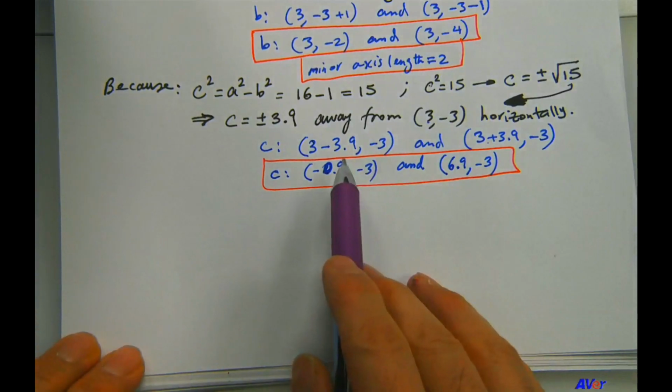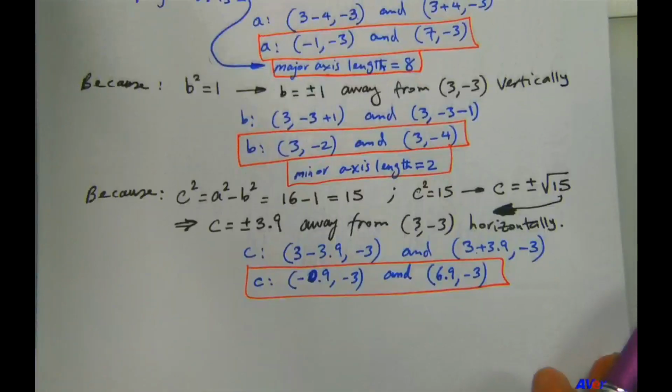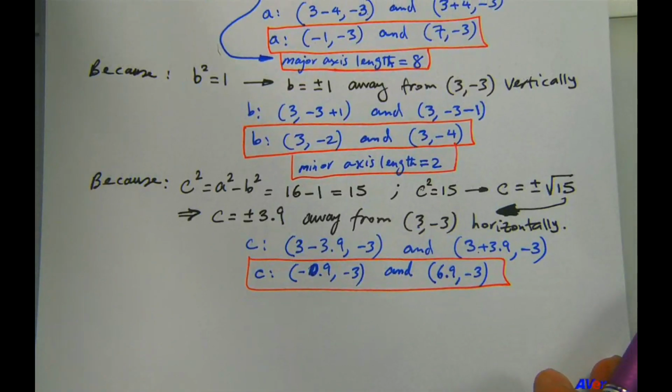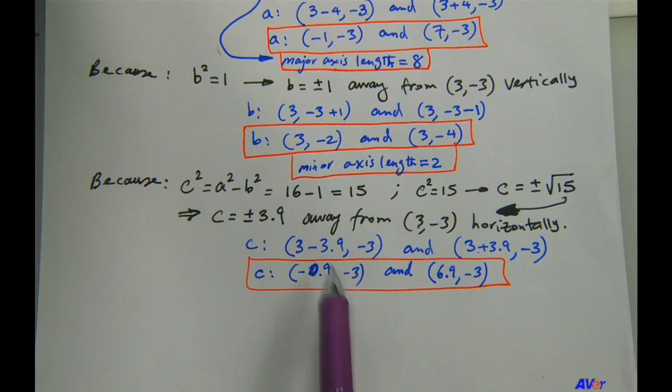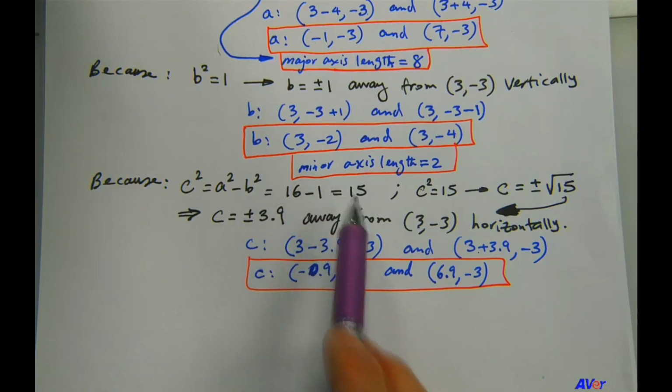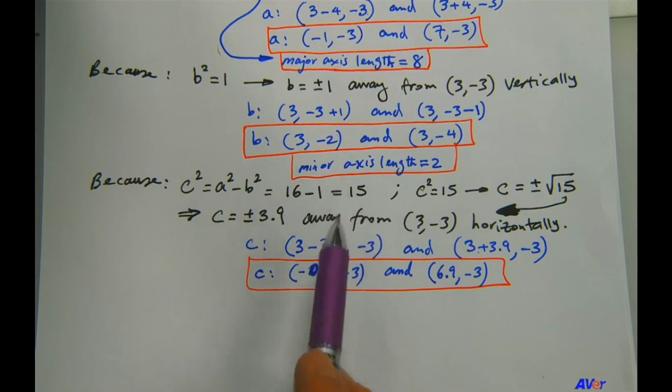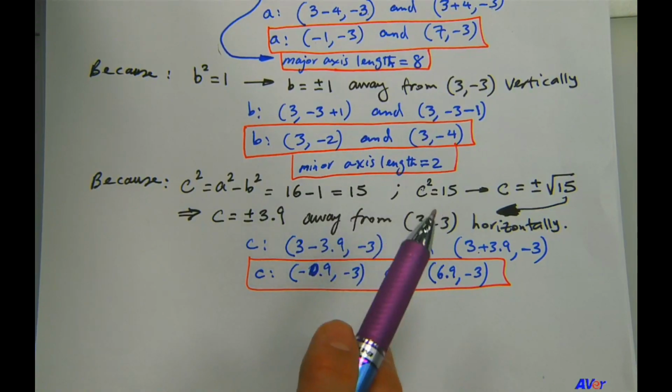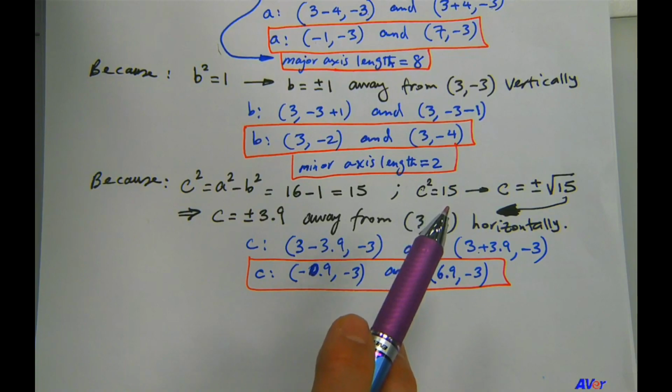Let's see, I just want to double check my numbers here. Minus 0.9 and 6.9. I think that should be okay.